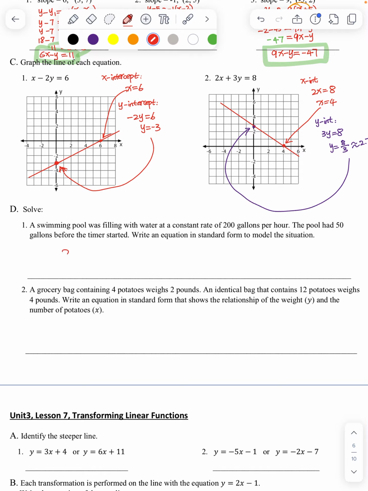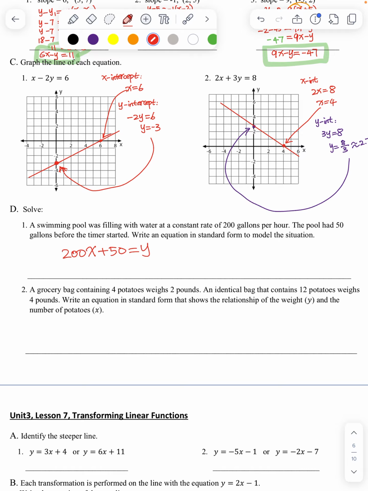So 200 per hour, so every hour is 200 gallons. So for x hours, that means 200 gallons times the time. How many hours? And the pool has 50 gallons to begin with. So plus 50 equal to y.